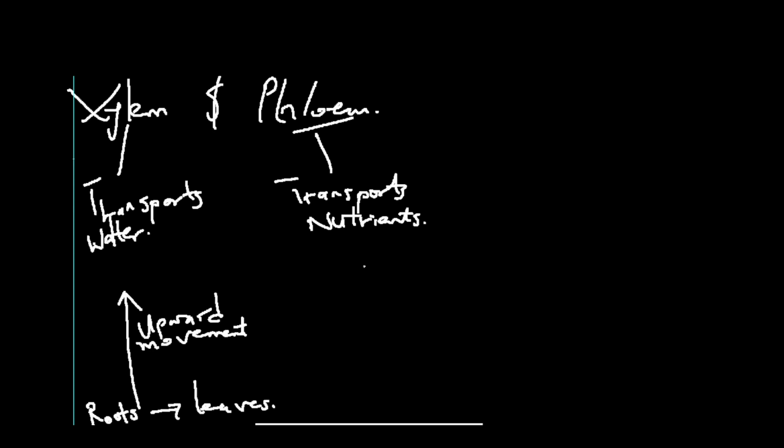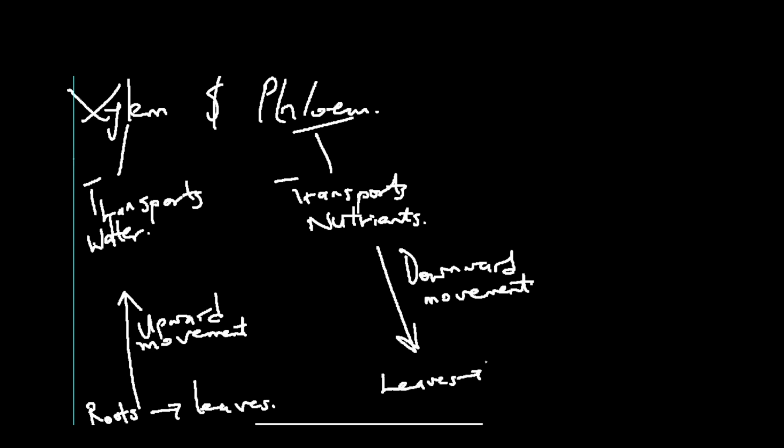Through the phloem. So the phloem moves downwards. It is a downward movement. The phloem transports nutrients downward from the leaves to storage organs.